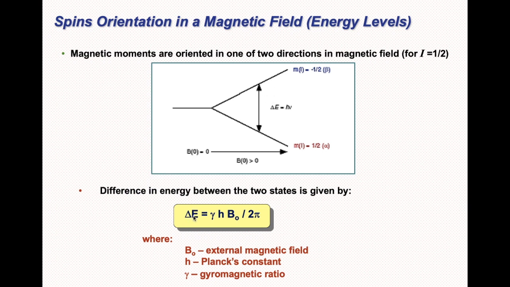The separation delta E is equal to gamma B0 multiplied by h cross, where h cross is nothing but h by 2 pi. Please remember this point: the separation between the two nuclear spin states in the case of a half spin nucleus is directly proportional to the applied field strength, and it also depends upon the gyromagnetic ratio gamma. I am sure you know that gamma is a unique quantity for a given nucleus.